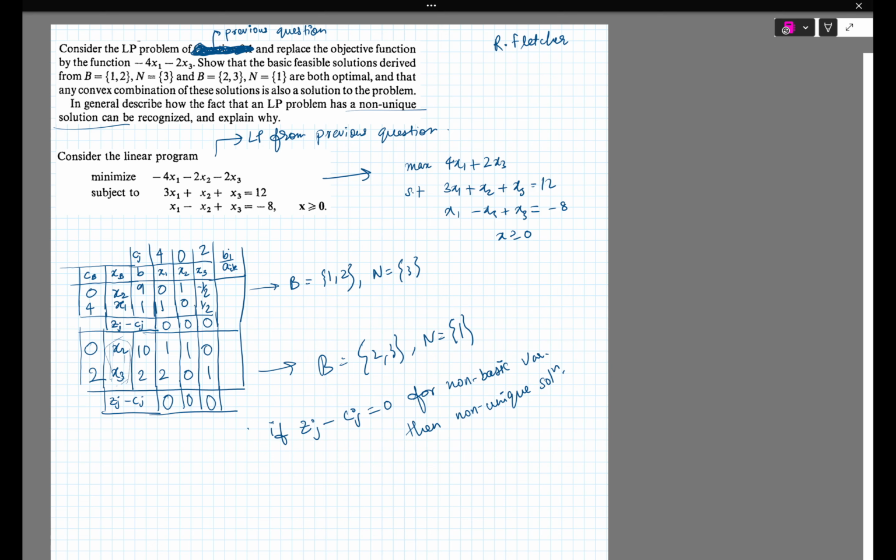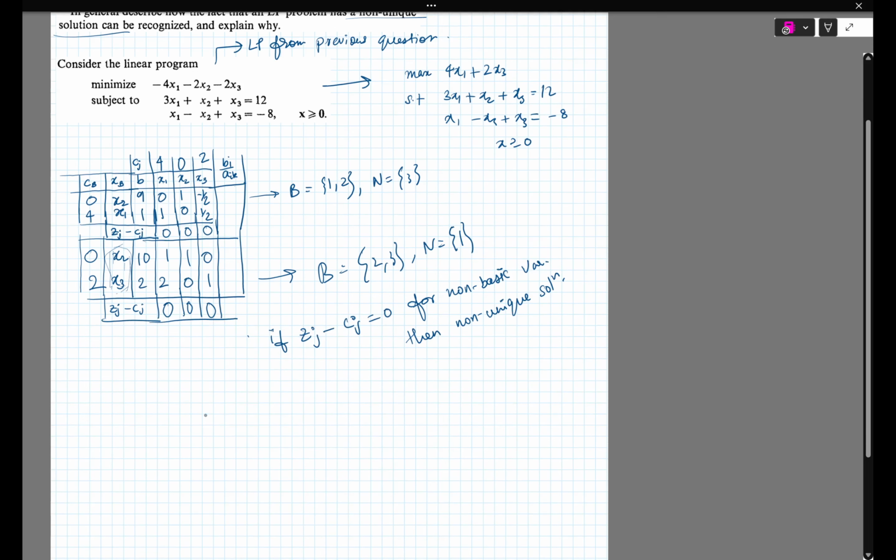How do you show that a convex combination of these solutions is also a solution to the problem? You can take two solutions, then take lambda times x1 plus 1 minus lambda times x2, and it will also satisfy the same things for lambda between 0 and 1.